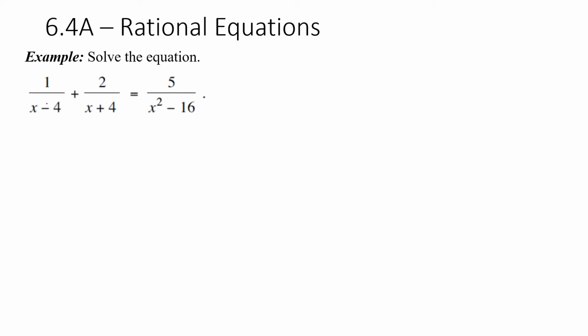Another example. So we have 3 values here. Let's factor this one to see what it turns out to be. I suppose non-permissible values first.